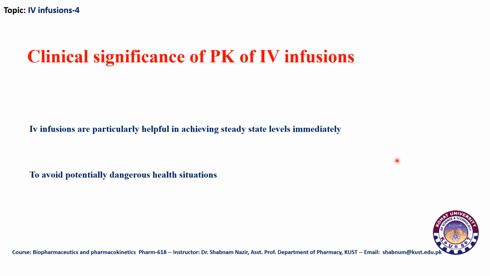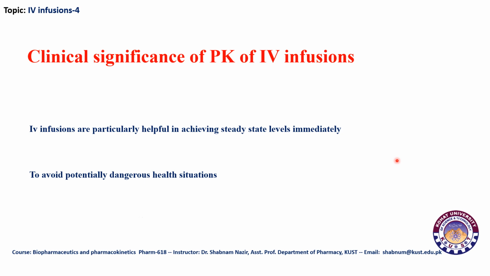The main reason is that it is desirable to observe whether the patient is experiencing the therapeutic benefits, while the toxic effects or side effects are tolerable and not crossing dangerous limits. So that's the main reason that intravenous infusions are adopted in such situations.